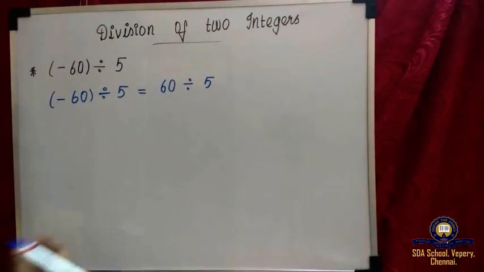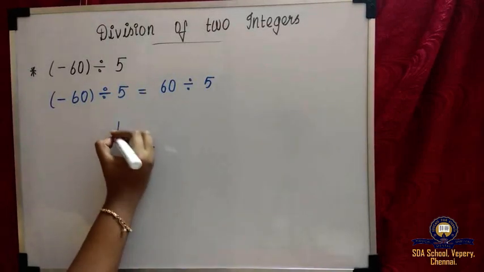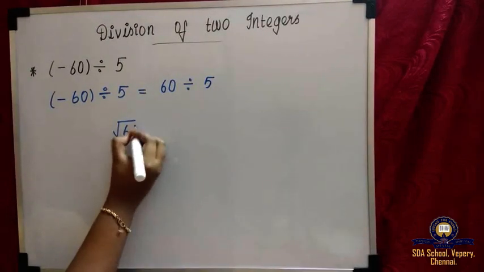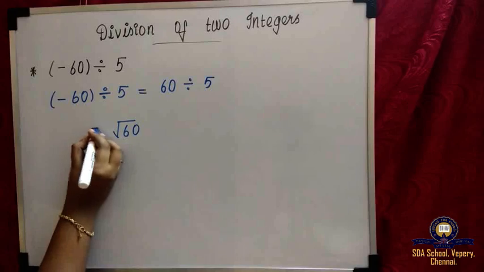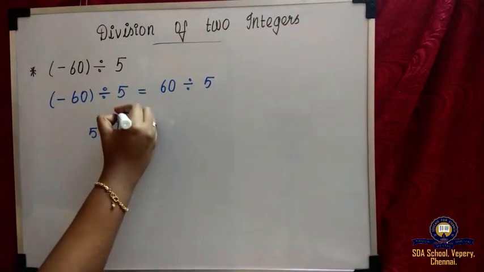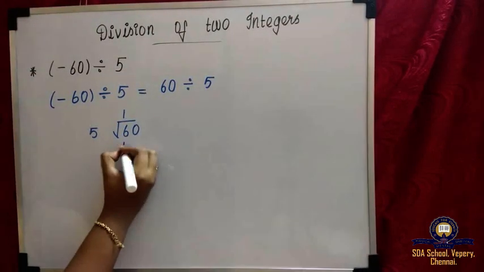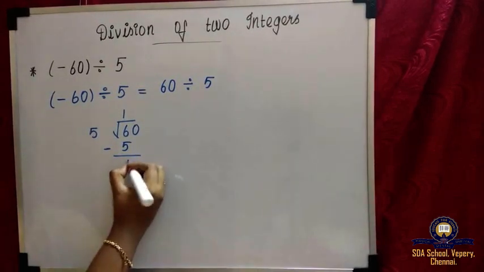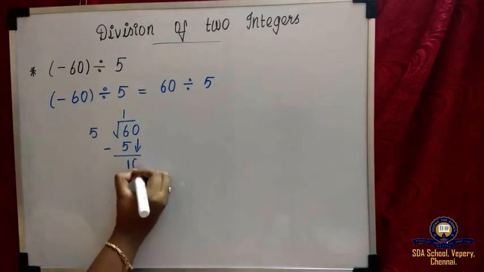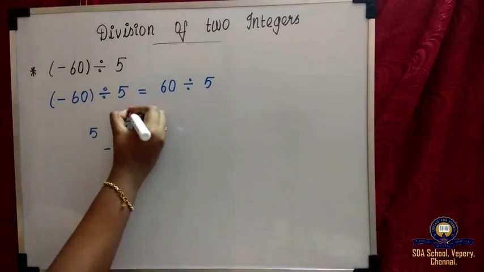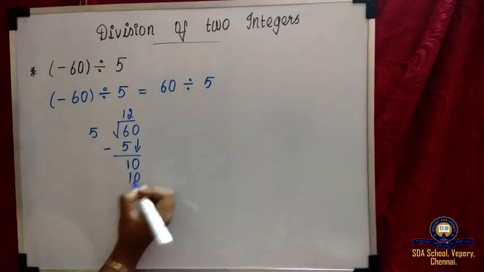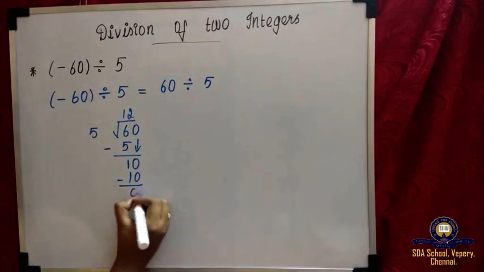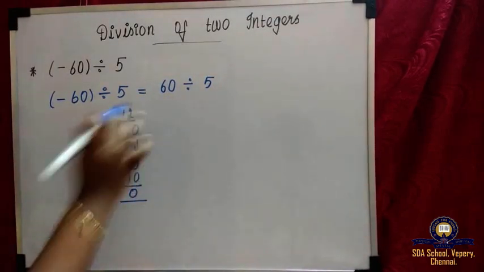So now we will divide 60 by 5. We all know 5 ones are 5. So balance we will get 1. Bring the 0 down. 5 2s are 10. So we get the remainder to be 0 and the quotient is 12.